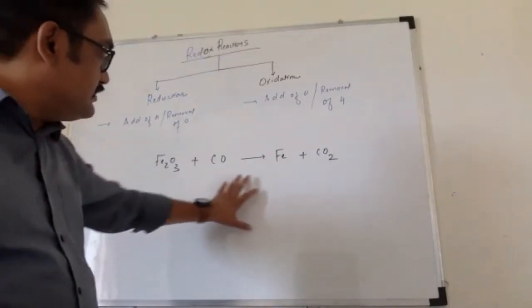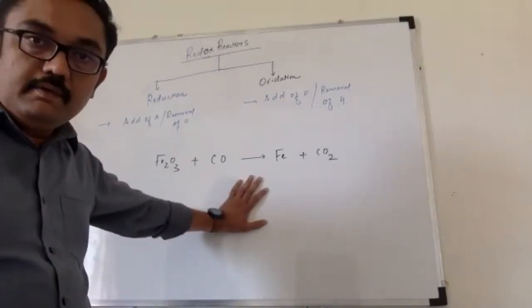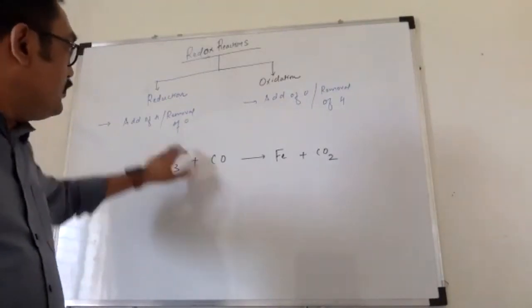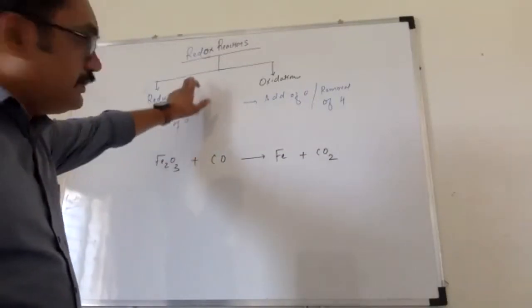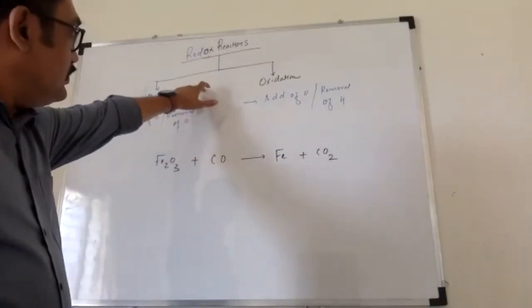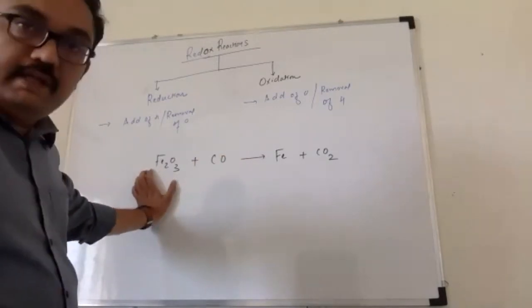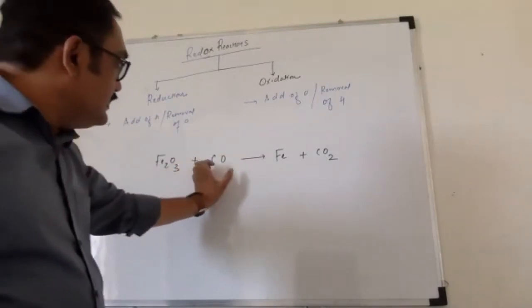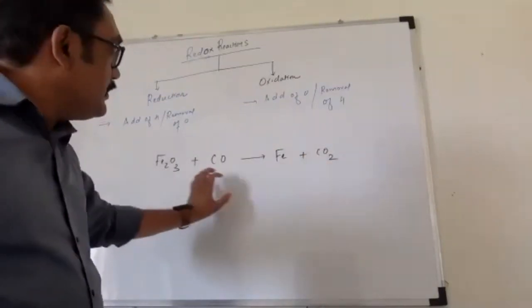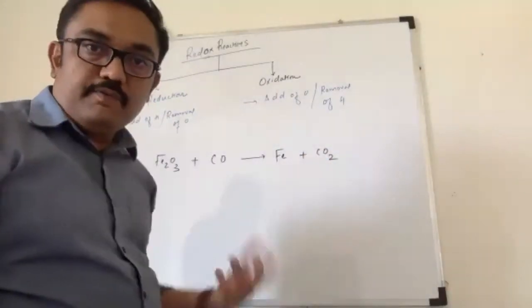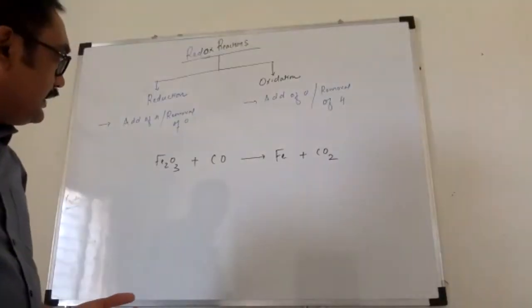Can I understand this as a removal of oxygen? Yes. And what is the removal of oxygen? Removal of oxygen is reduction. So it has undergone reduction. And this reactant has undergone oxidation, because there is the addition of oxygen in the case of carbon monoxide.